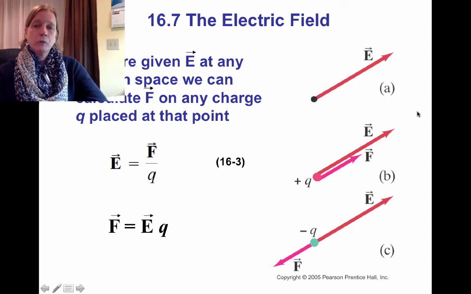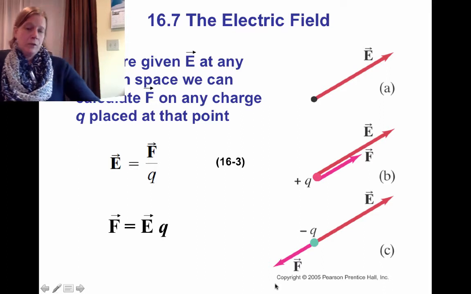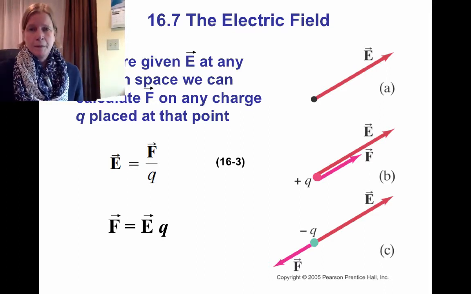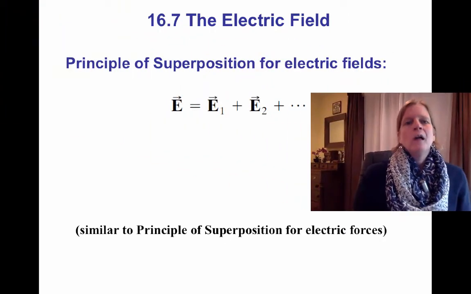The positive charge would be attracted to it. In contrast, if you had a negative charge here, and the electric field is going from positive to negative, and there's a negative charge up here, the negative charge would be repelled by it. So it's in the opposite direction of the electric field. Okay, I think that covers that idea.